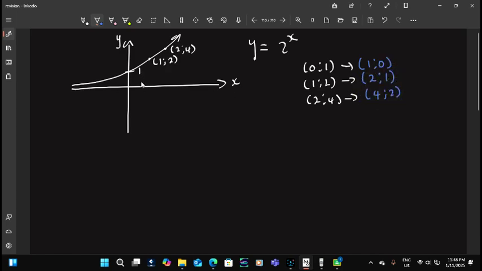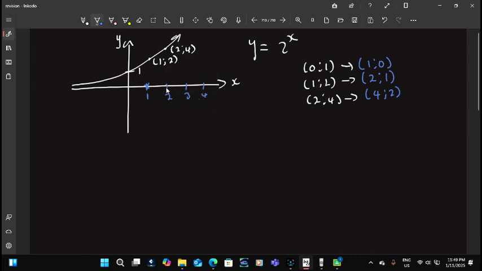So now here I would have 1 here, it will cut here, 1 mapped to 0. Now remember, the asymptote was the x-axis, but now because we are inverting, it is no longer the x-axis, it is the y-axis. I have a point there, and then 2 here, and then 3, 4.